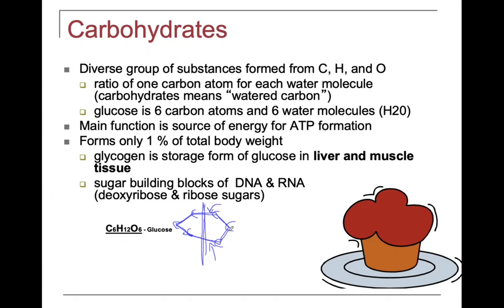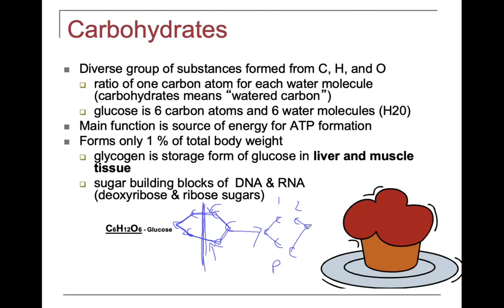When we break those two bonds, what you're left with is two 3-carbon sugars. 1, 2, 3. Again, 1, 2, 3. So we're taking a 6-carbon sugar and splitting it, that's called glycolysis, and we get two 3-carbon sugars. This is called pyruvate. I'm just going to put a P there for short, pyruvate.